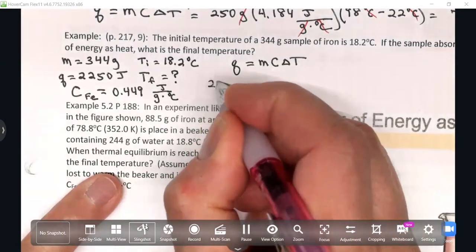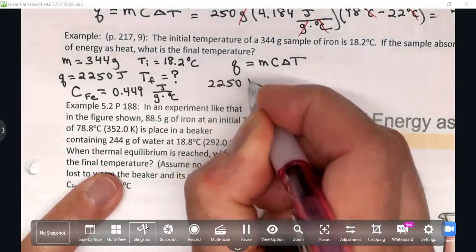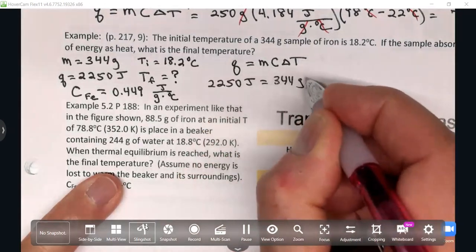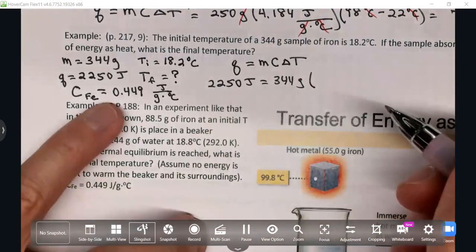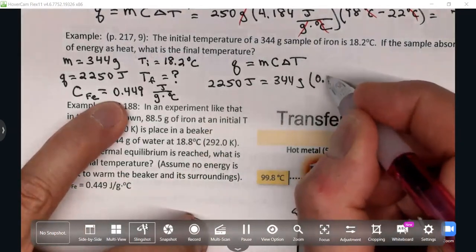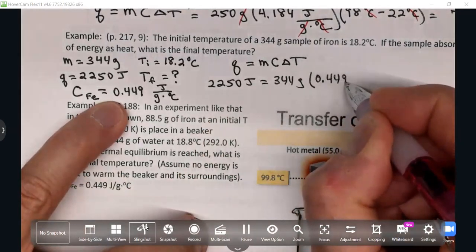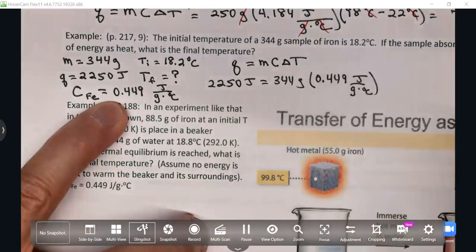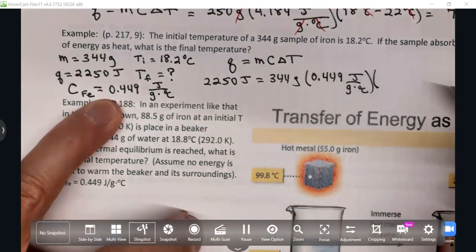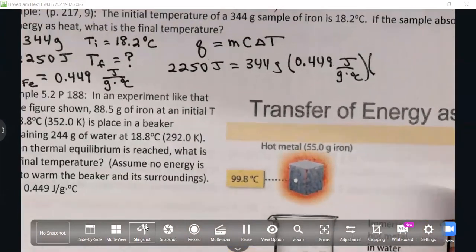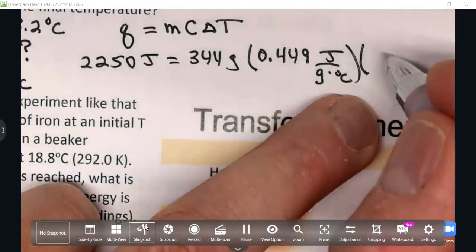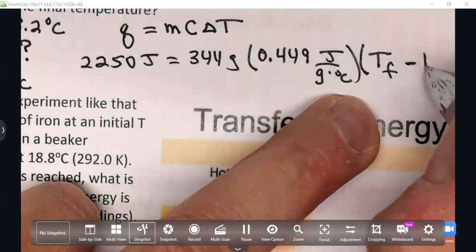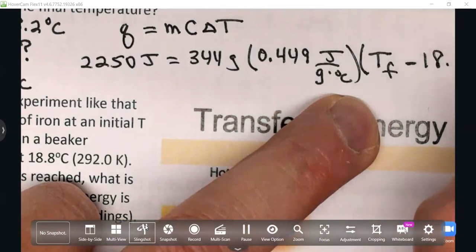So we got 2250 joules equals 344 grams, 0.449, and this is going to go T final minus T initial, which is 18.2.